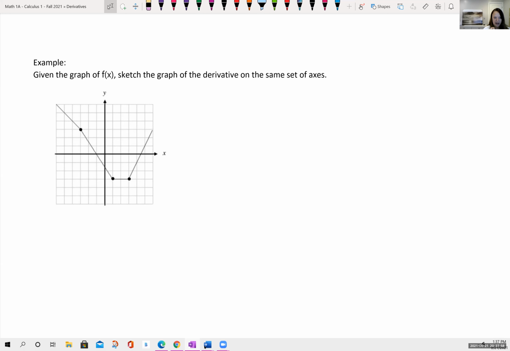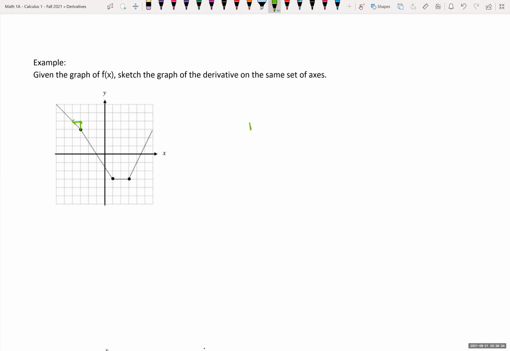This one isn't too bad, because there are different segments, but each segment of the graph is a line. If we look at this segment right here, all we need to do is figure out what the slope is, and we know we can figure out the slope of a line. You can do it pretty easily without even choosing two points.